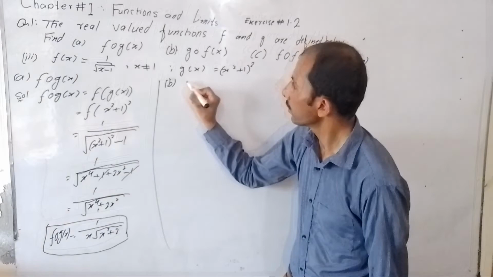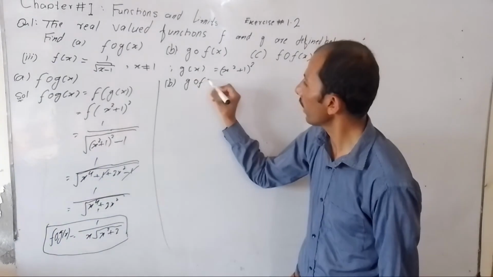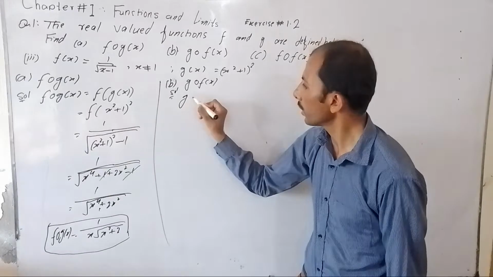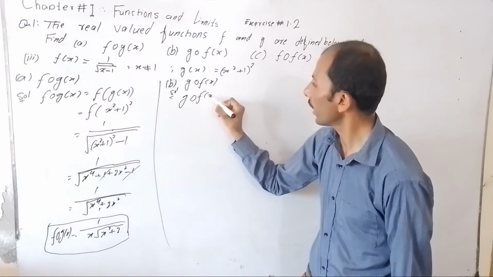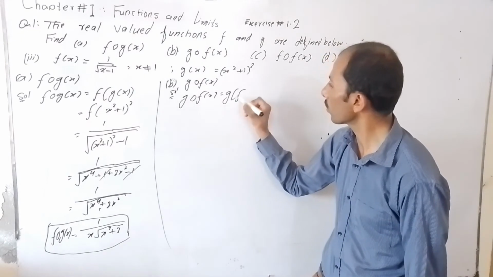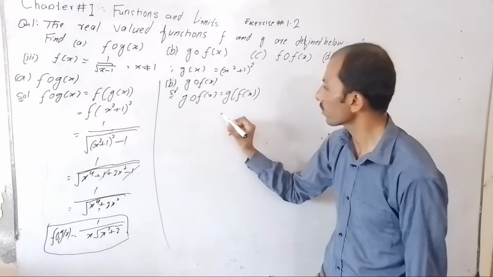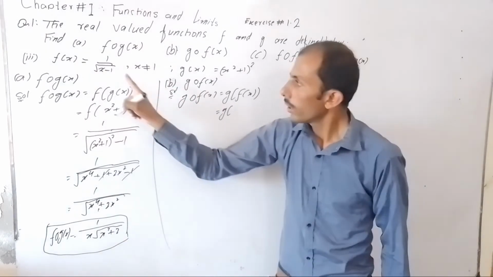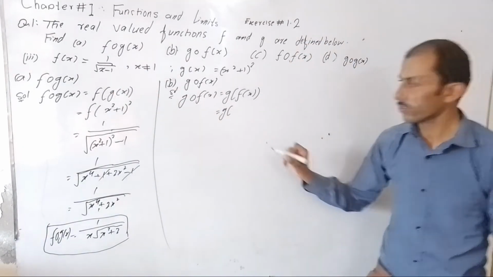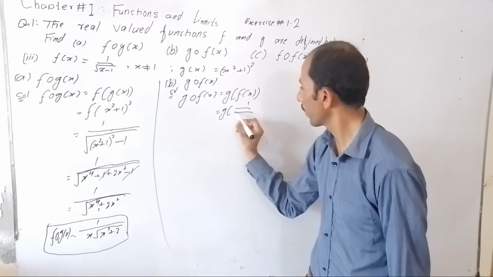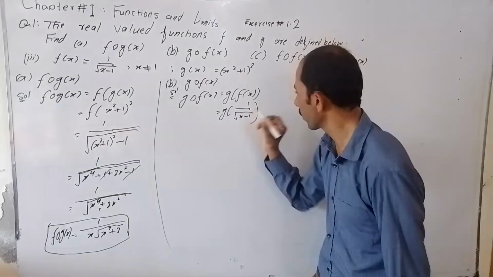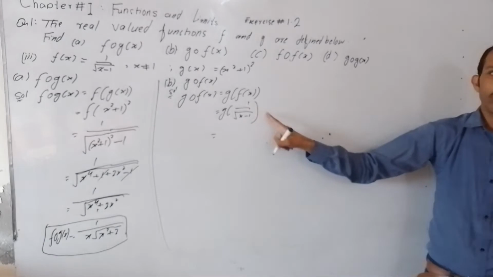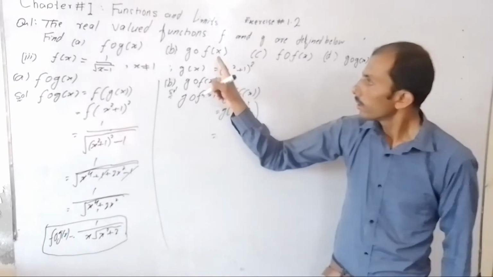Next, second part, (b) g of f of x. g of f of x is equal to g into f of x, so g into 1 divided by under root of x minus 1.